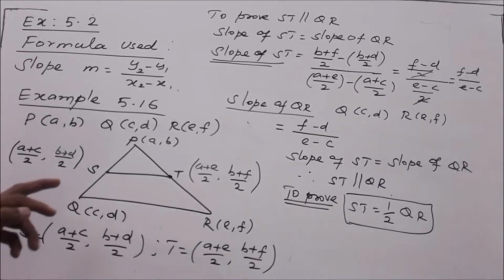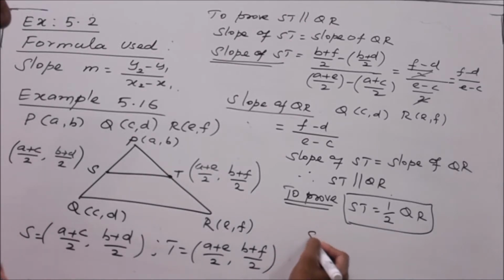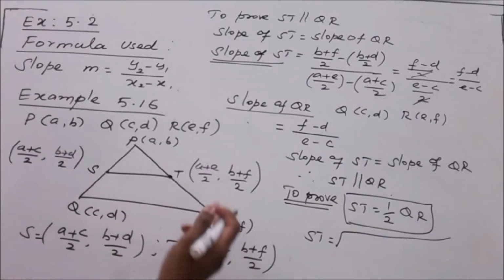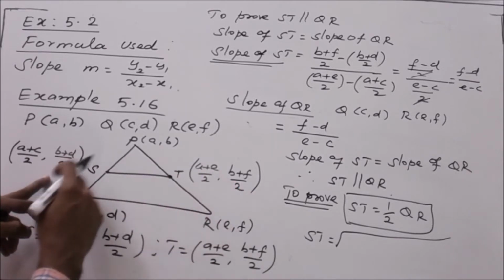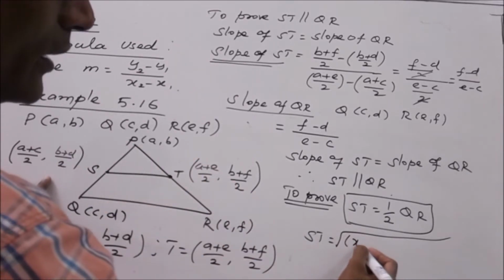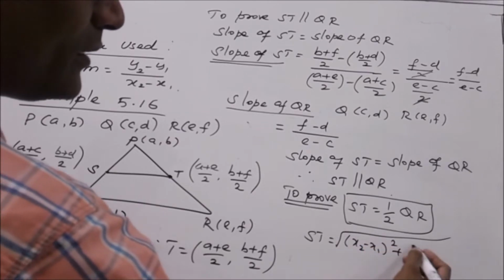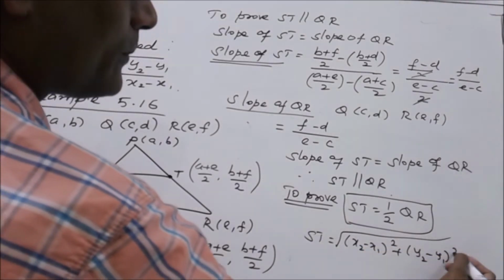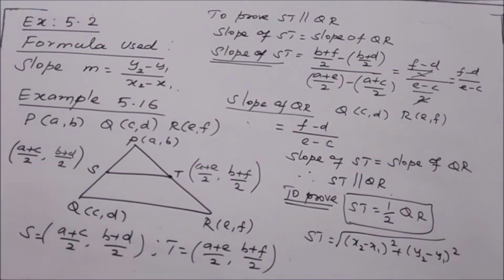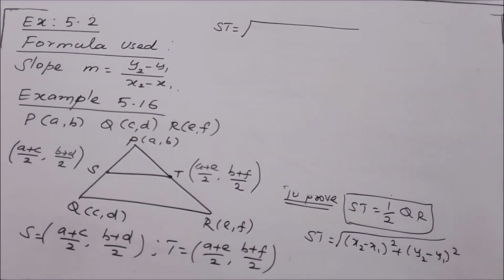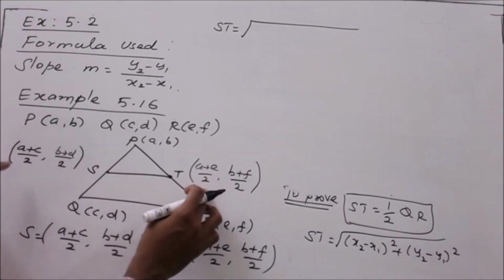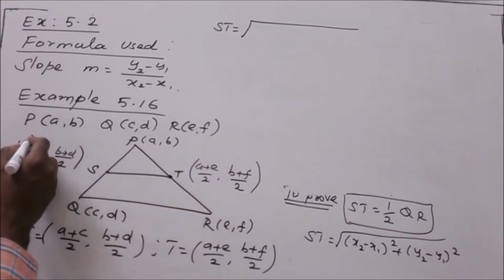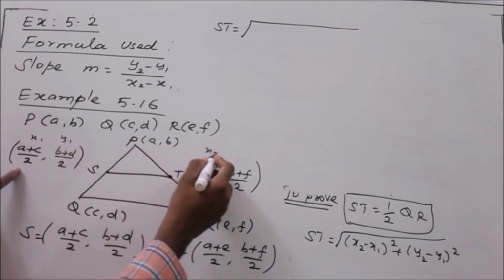So find the length of ST, equal to root of (x2 minus x1) whole square plus (y2 minus y1) whole square. Now the distance between S and T: this is x1 y1, this is x2 y2.